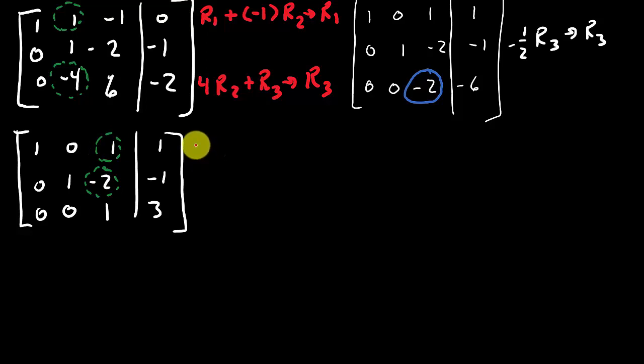I can do row 1 plus -1 times row 3 and replace row 1. Okay, see, that'll give me 1 plus -1 is 0, and I'll replace that with a 0. Now for this row, I'll actually have to do what? Row 2 plus 2 times row 3 and replace row 2.